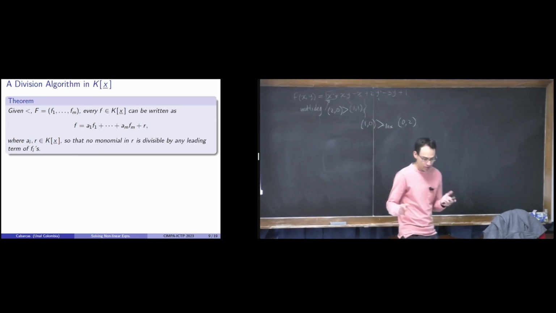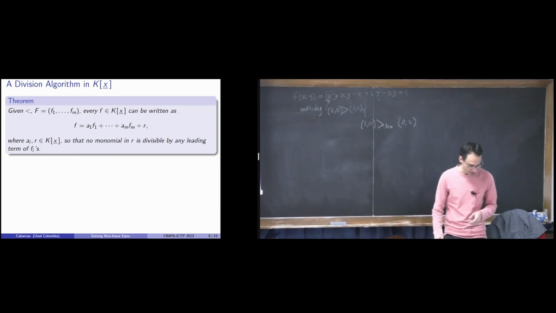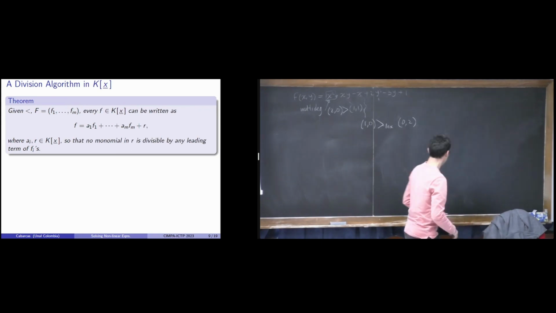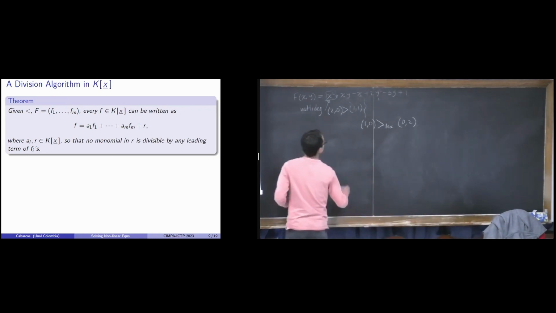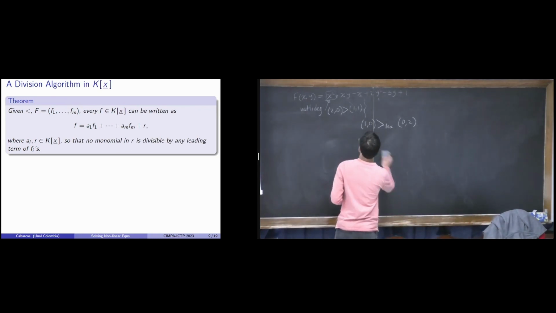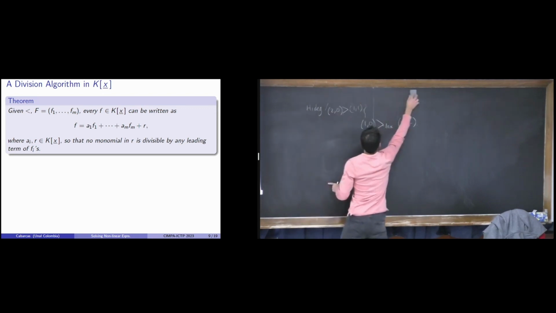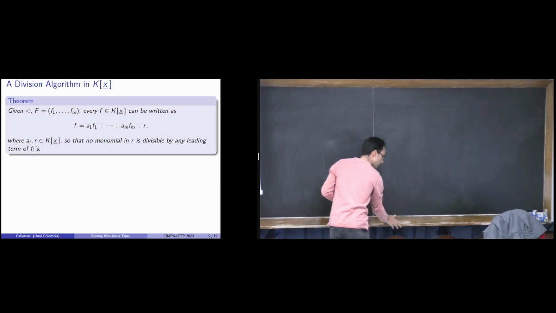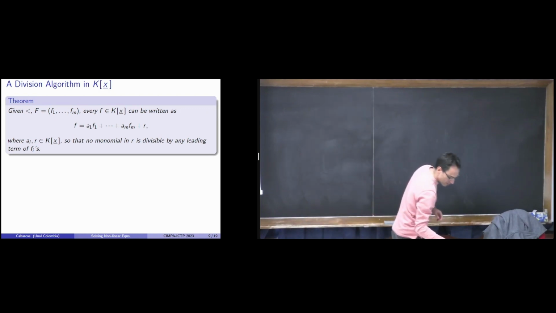and they satisfy that no monomial in r is divisible by any leading term of the f sub i's. I'm not going to prove that that's true, but I can do a simple example just to show how it goes. Let's do a small example.